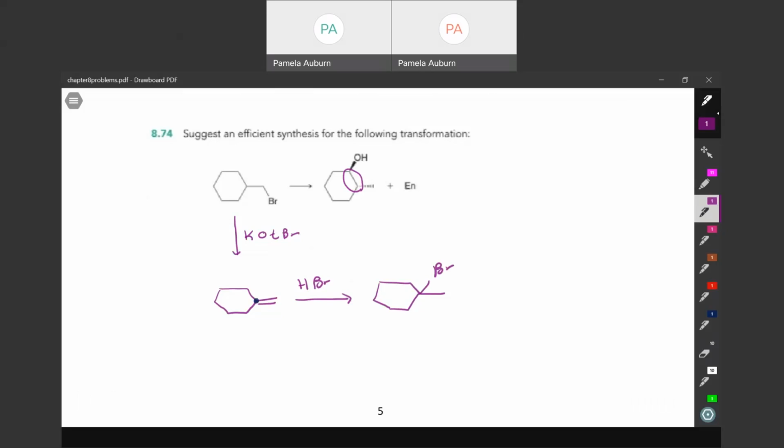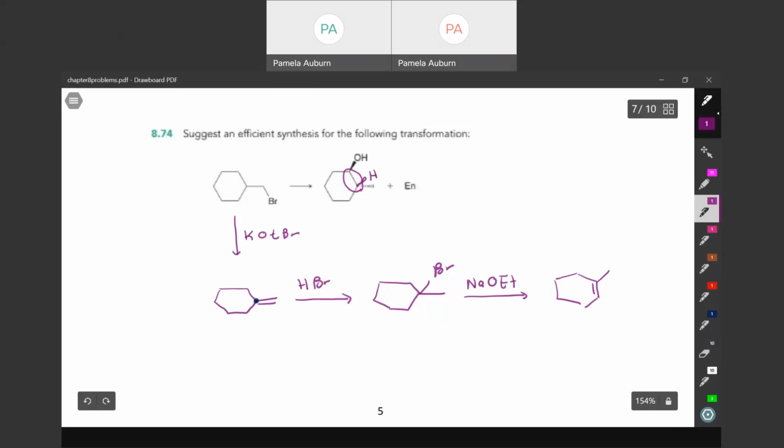In this case, I want to make sure I use a skinny base so I get the thermodynamic alkene. So I'll take that with sodium ethoxide. And I get the internal alkene now. And now what I want to do to get to my final product is I have to remember that there's a hydrogen coming up here.